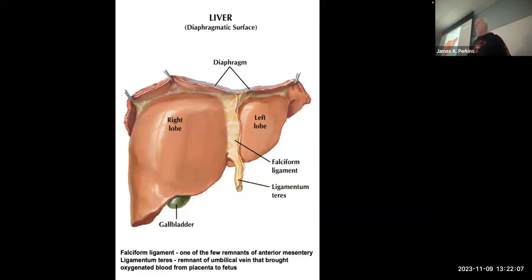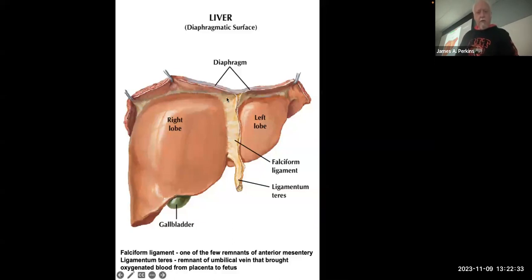This is one of the few remnants of the anterior part of the mesentery that connected all of the abdominal organs to the inside of the anterior abdominal wall. Most of that anterior mesentery, from the liver down to the anus, has disappeared later in development. But this is one place where that anterior mesentery is still intact.